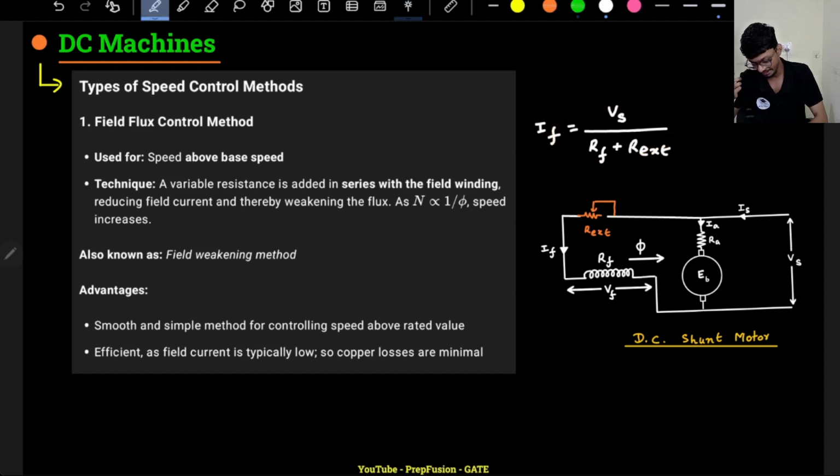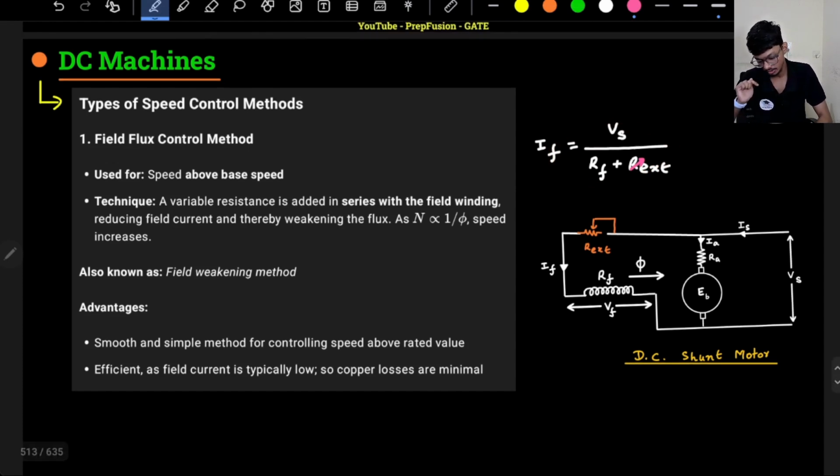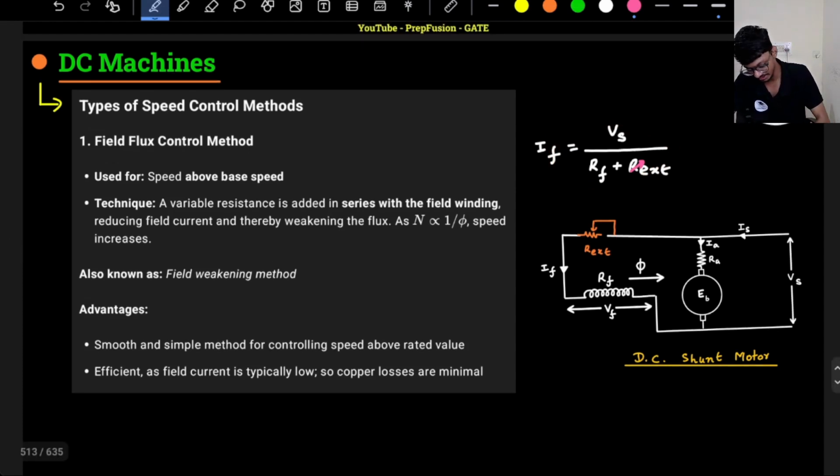So if I vary my R external, of course the IF current will vary. What is the important factor here? What is the range of R external? Of course it's a passive device, so R external can go from a minimum of 0 to some R max.